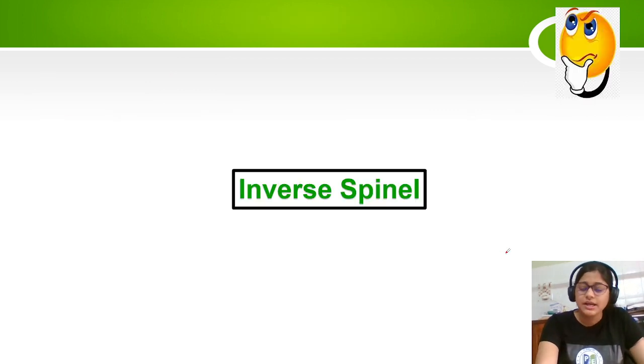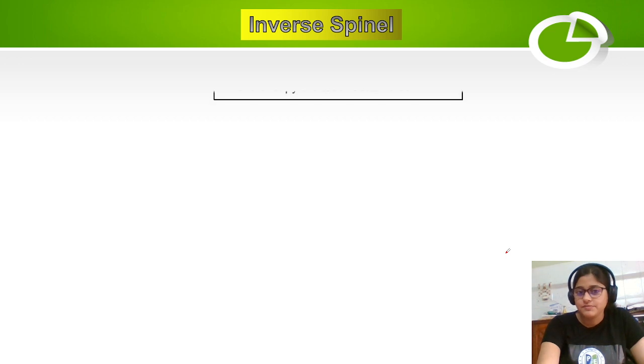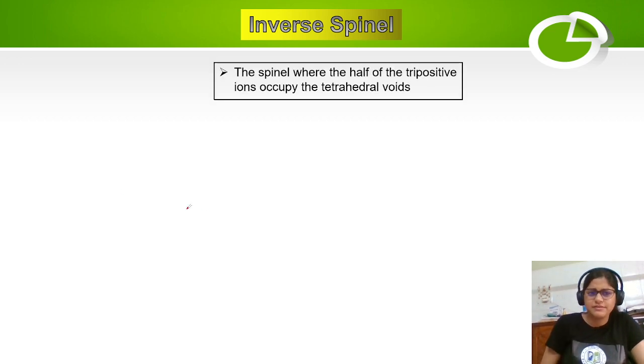Okay. Now coming to an inverse spinel. We have previously told you that the exchange of cations takes place. So A2+ and B3+, B3+ and B3+, let's say O4 or X4, will be exchanged with 1B. So what will happen?